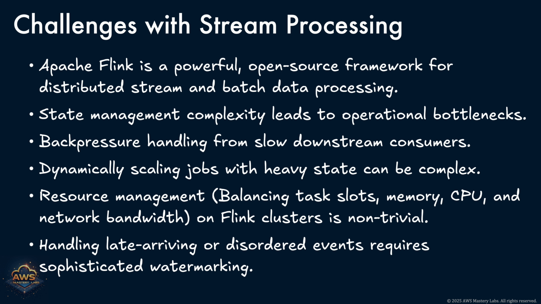Flink provides sophisticated watermarking strategies to handle such cases, but designing the right watermarking and windowing logic to ensure accuracy without compromising latency requires careful thought and domain knowledge. And that's exactly where Amazon Managed Service for Apache Flink comes in, simplifying operations, scaling, and monitoring, so you can focus on building streaming applications, not managing infrastructure.